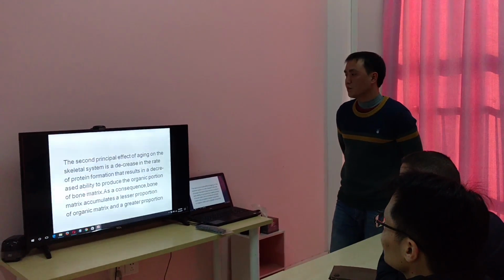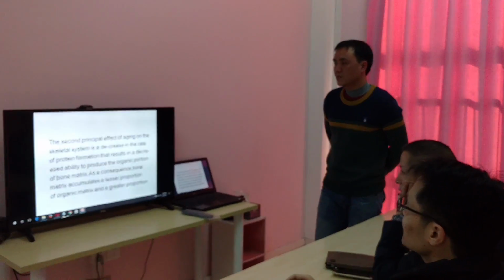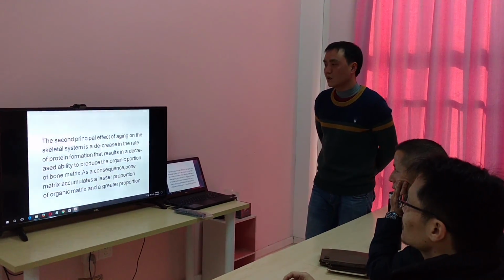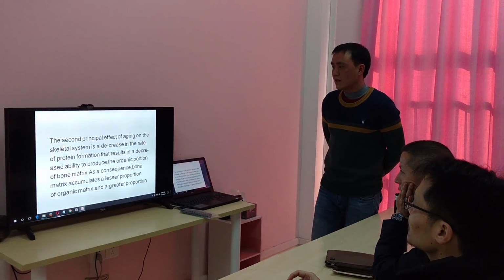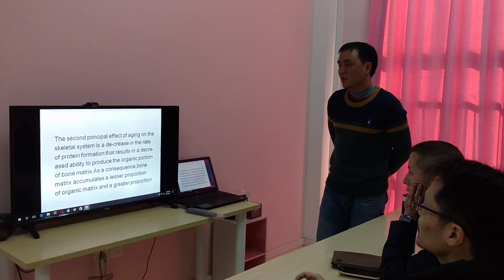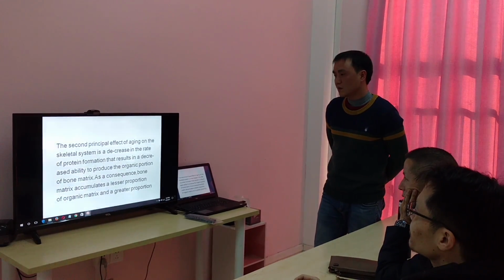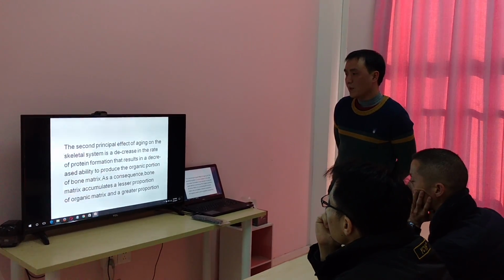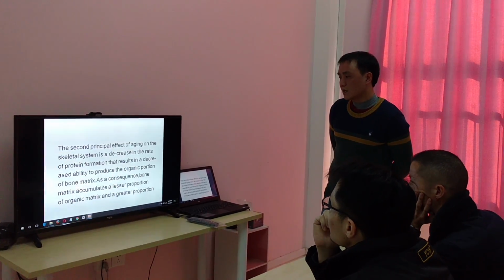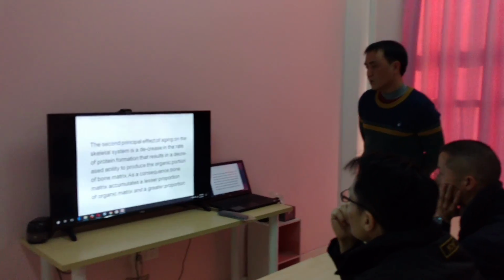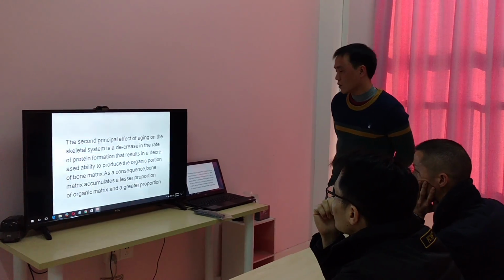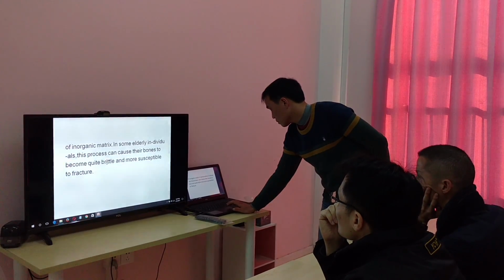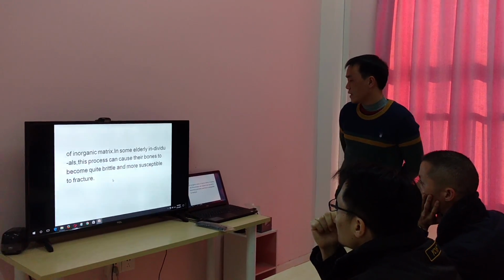The second principal effect of aging on the skeletal system is a decrease in the rate of protein formation that results in a decreased ability to produce the organic portion of bone matrix. As a consequence, bone matrix accumulates a lesser portion of organic matrix and a greater portion of inorganic matrix.